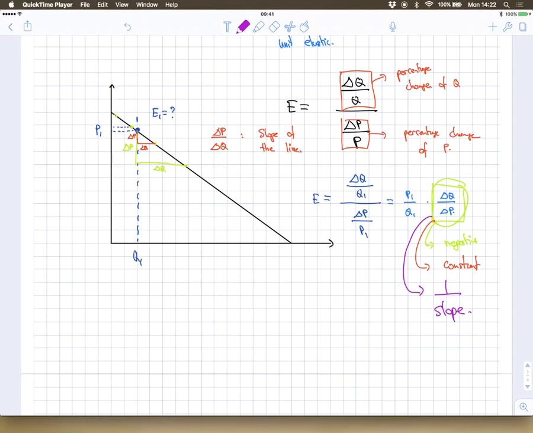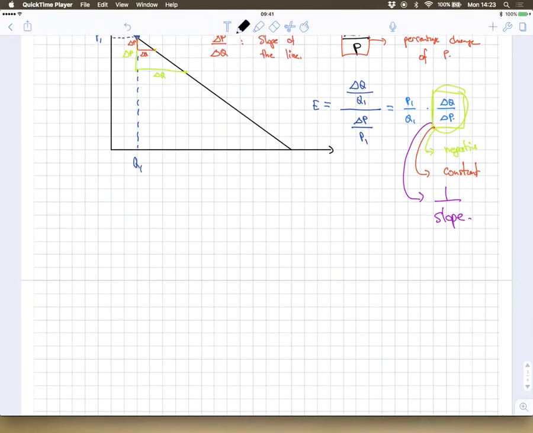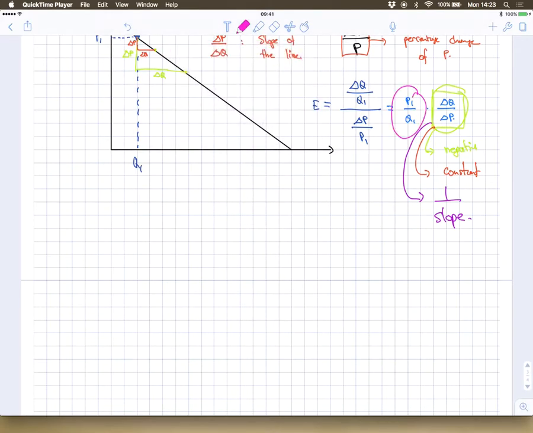Okay, 1 over slope. So whenever you calculate an elasticity, you're kind of already done with this part here. This is just going to be 1 over the slope. Okay. So let's do this bit here. Let's focus on this bit here. What about this? What can I say about this?